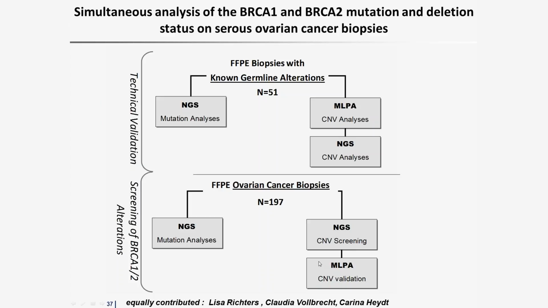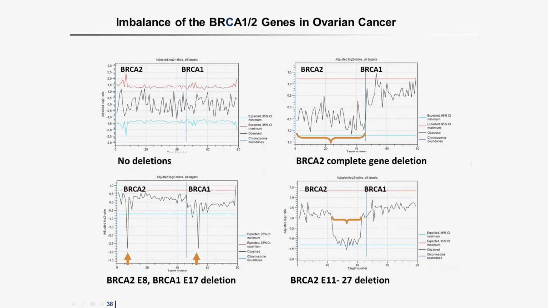And here, not in all samples the MLPA approach was working, and also not in all samples the NGS copy number variation analysis was working. But the bioinformatics tool was working very, very nicely.